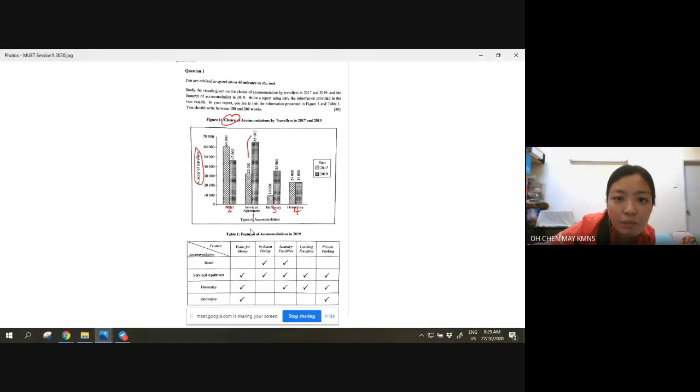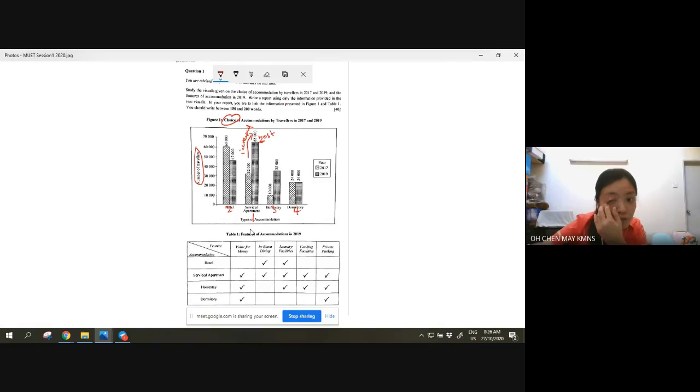And then this number increased to 65,000 in 2019, making it the most in 2019.